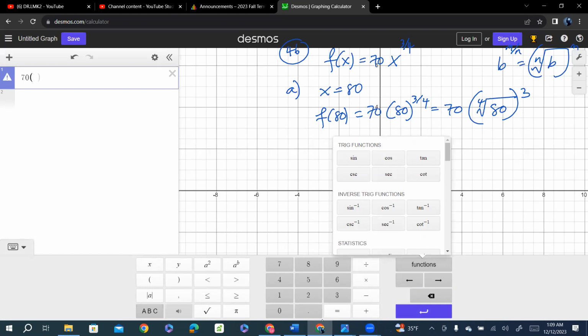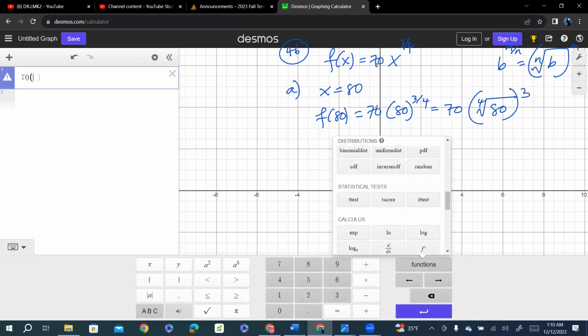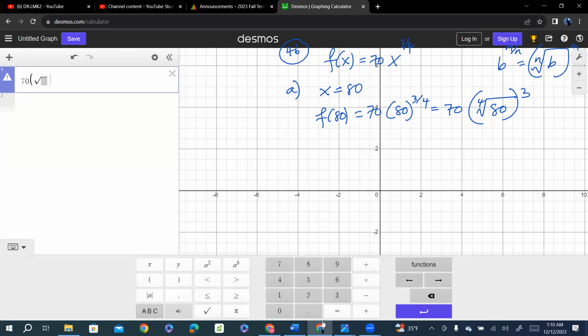Let me find it. Okay, nth root of. So the index is 4, and what's inside is 80. Then we come out, close the parentheses, and raise to the power of 3.